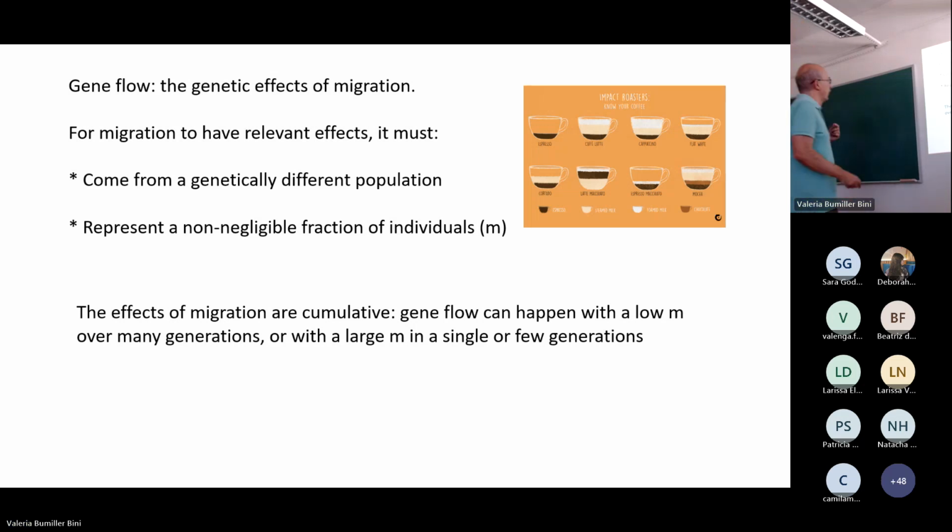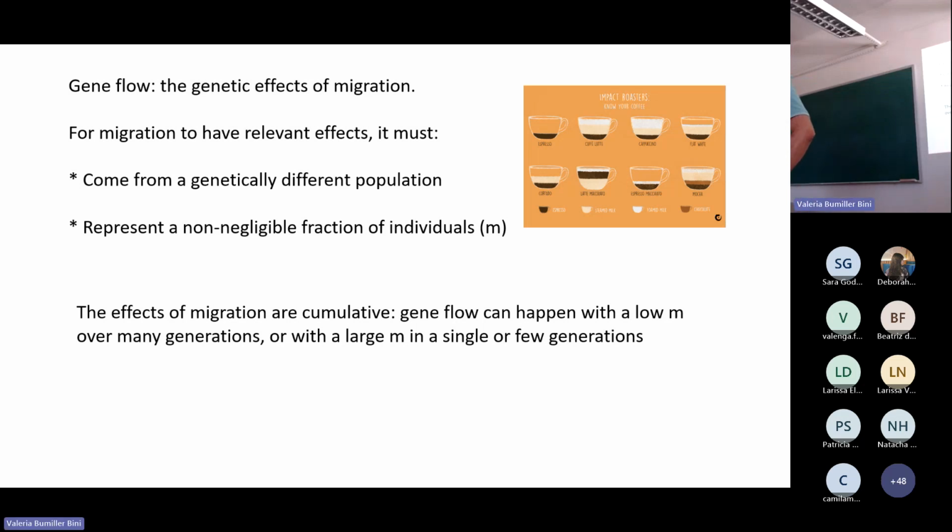So this is a visual illustration of gene flow, and we have 2 features we have to take into account before we discuss gene flow or migration in genetic terms. One is that it has to result from the mixing of genetically different populations.